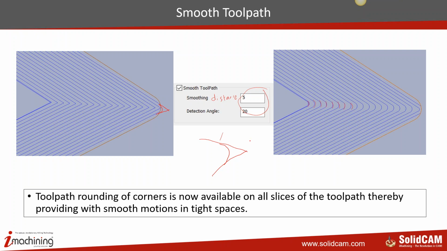Now, this distance is what we call as a smoothing distance, because that distance will now decide the arc size. So this is my smoothing distance, and this is the detection angle. So using these two parameters, we do the smoothing, and it can do the smoothing of the entire slices.